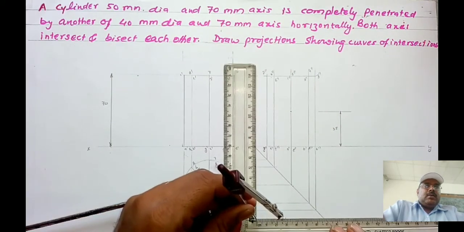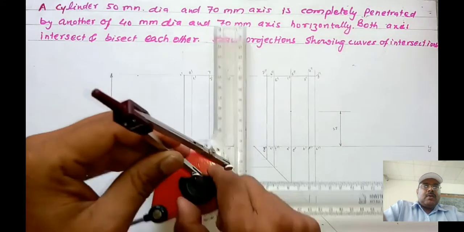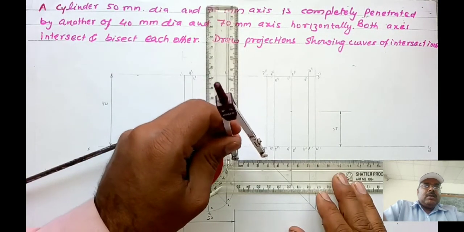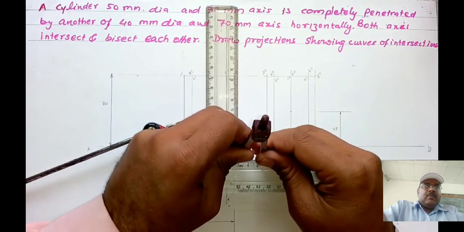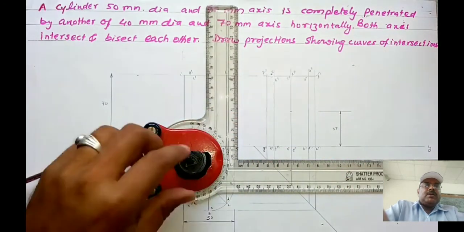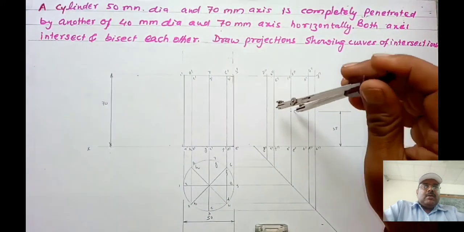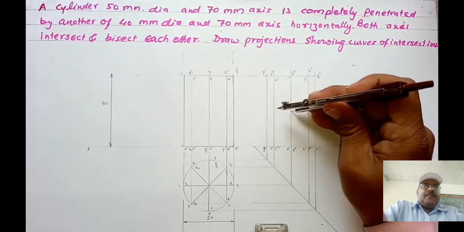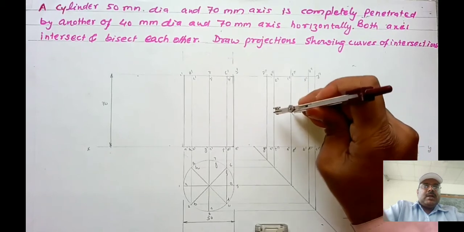Then take a distance of 20 millimeter, which is the radius of the horizontal cylinder, in the compass. Then draw a circle in the side view.